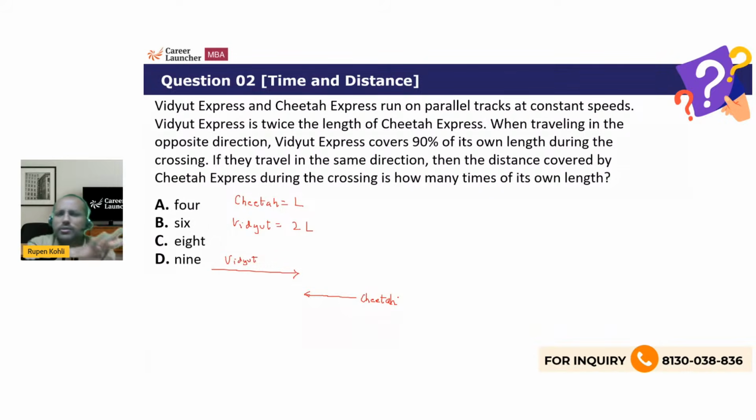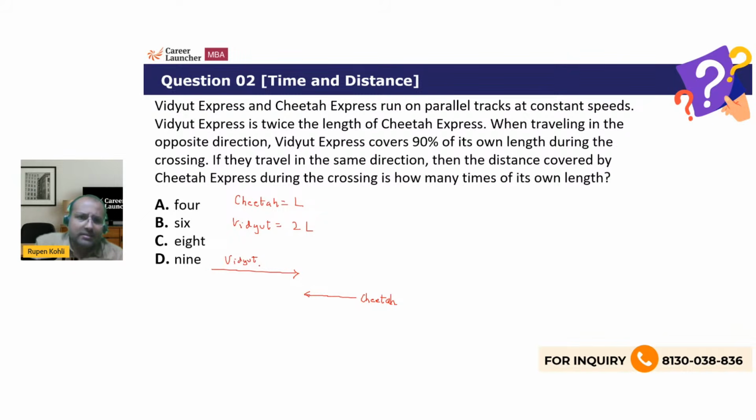We don't know anything about the speeds of the two trains. So with this further condition that it covers 90% of its own length, our objective should be to establish some kind of connection between their speeds, because that is the most important parameter that is not given directly, and I think we have to work on that.